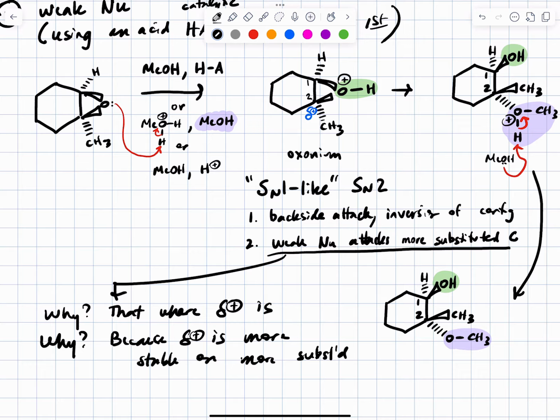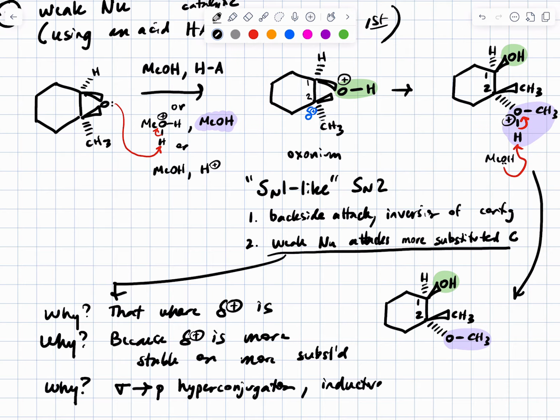We're giving you practice for being parents of a 3-year-old. Why? Because of sigma to p hyperconjugation, which allows electron density to spread out. Also, you can think of inductive donation of electron density by adjacent alkyl groups.